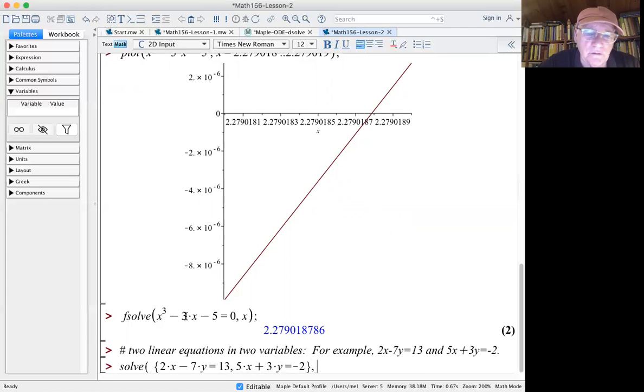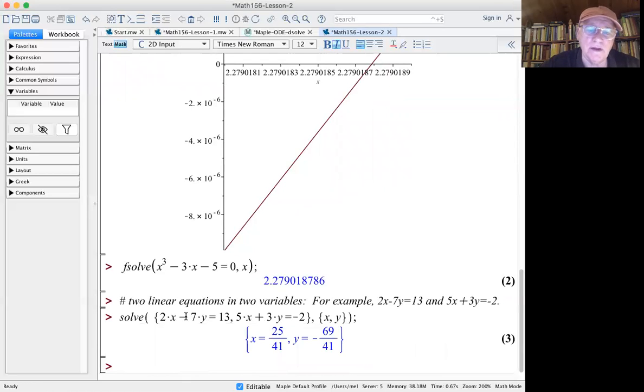So those are our 2 equations, 2x minus 7y equals 13, 5x plus 3y equals minus 2. And I'm solving for 2 variables now, not just one. And I put the 2 variables I'm solving for also in curly brackets, parenthesis, semicolon. That's the answer.